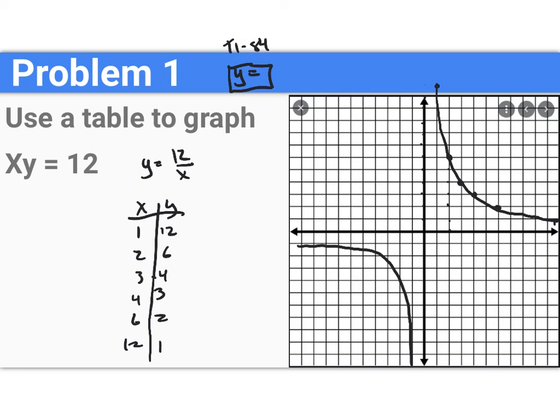Y equals is already there, so all you got to do is type 12 divided by, and then hit the X, T, theta, N button, which is a black button next to the green alpha button. That will put in the X for you. Then hit graph, which is a gray button in the top row, and you should see a graph that looks like that.